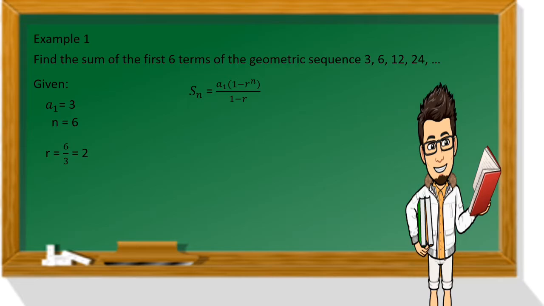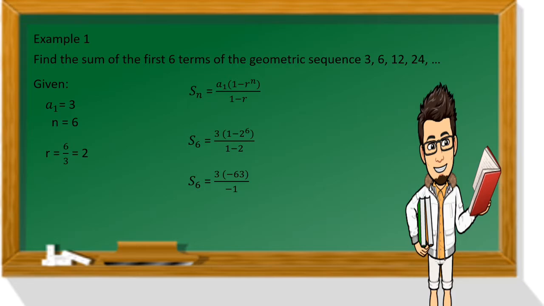So let us substitute the values. S sub 6 is equal to 3 quantity 1 minus 2 raised to 6 all over 1 minus 2. First we are going to compute 1 minus 2 raised to 6 and then 1 minus 2. So we'll have S sub 6 is equal to 3 quantity negative 63 all over negative 1.